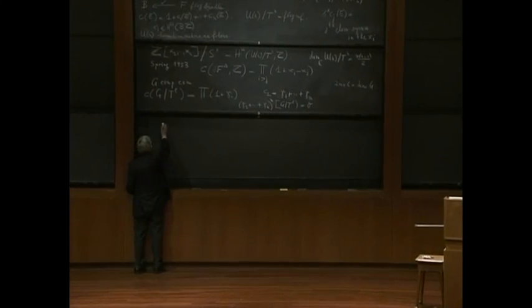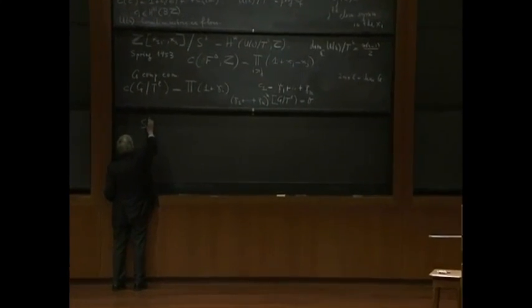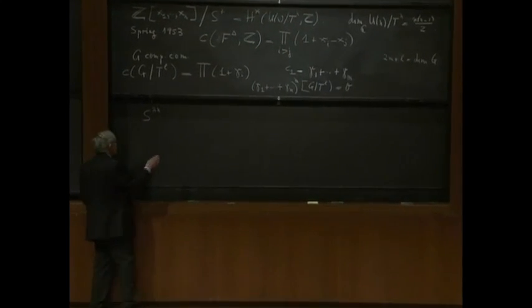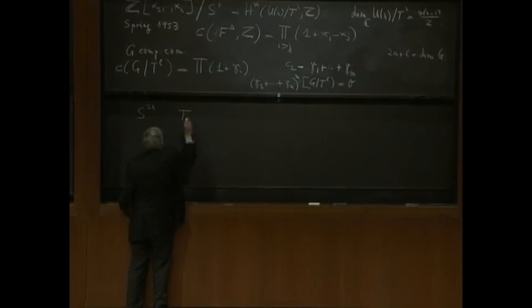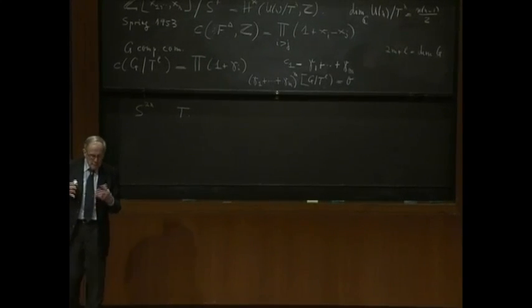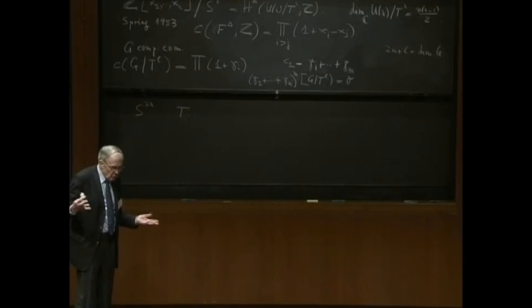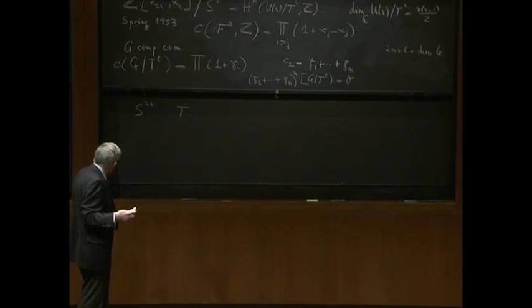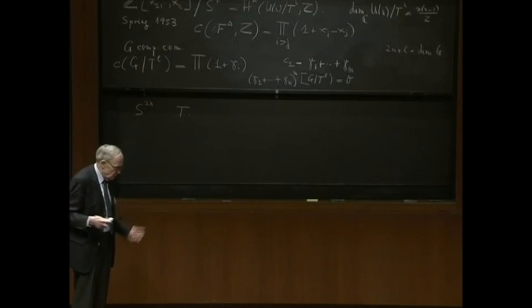Take the 2n sphere, S^2n. It has a tangent bundle, and the characteristic classes of the tangent bundle are, of course, well known, because everything practically vanishes.